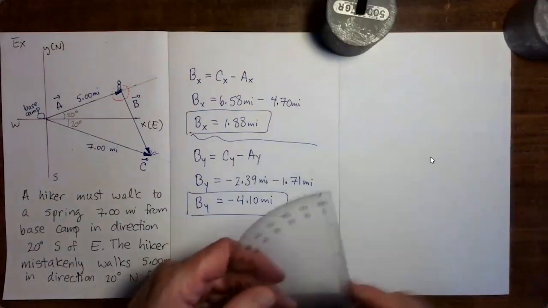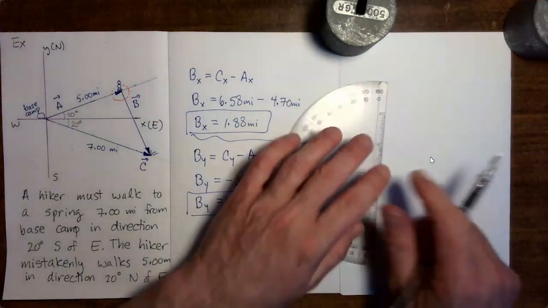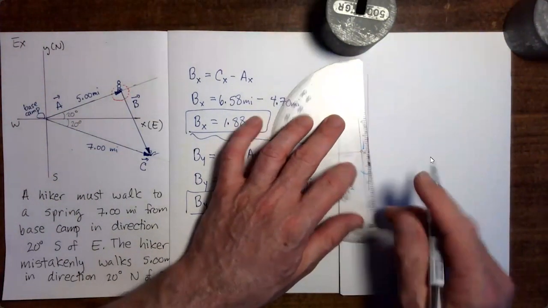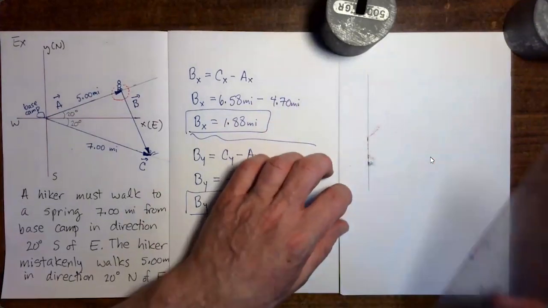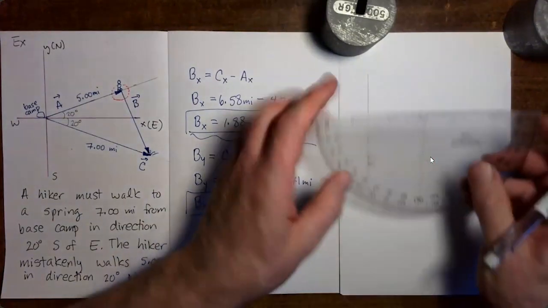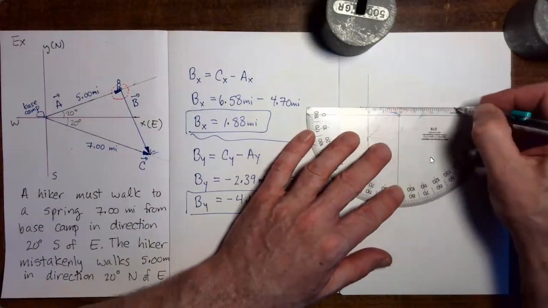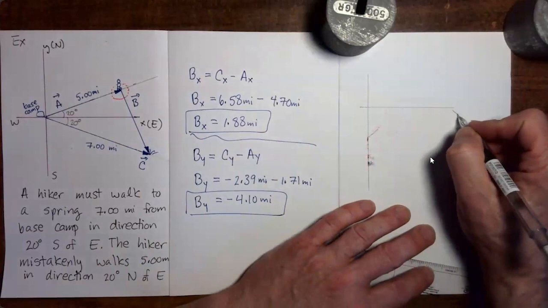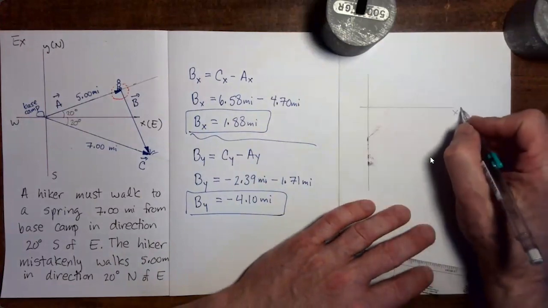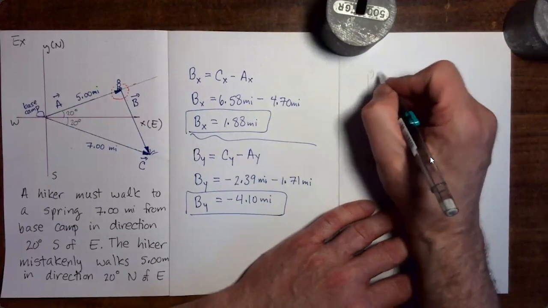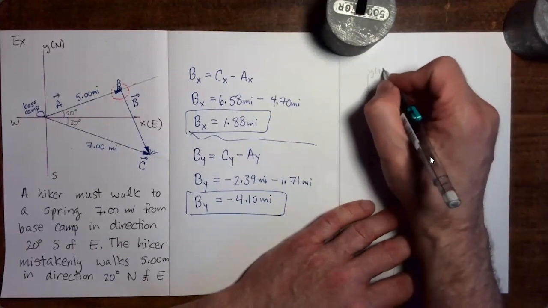Now let's put this together to find the magnitude and direction of vector b. And for this, I'm going to draw yet one more clean coordinate system. Whoops, a little smudge. Okay, so we have the x-axis, the east direction, plus y-axis to the north.